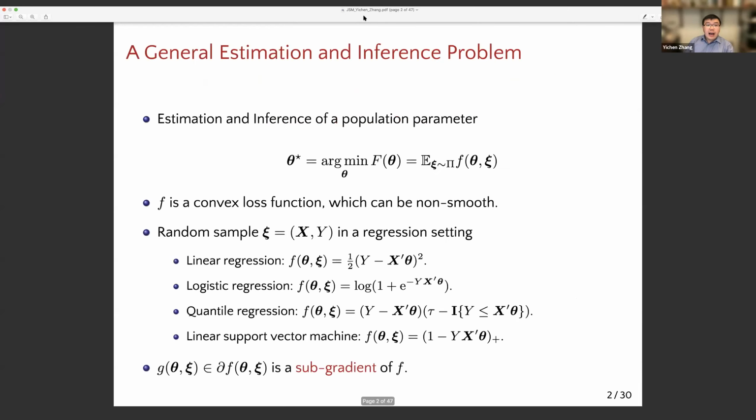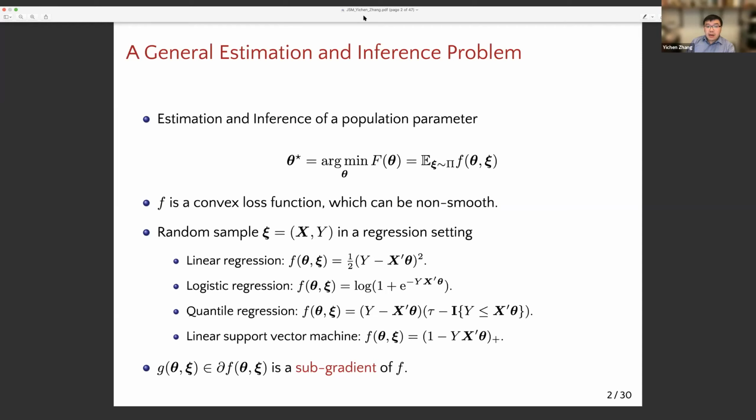Let's start from a general estimation and inference problem for a population parameter theta star. Here theta star is the minimizer of the population risk function, capital F of theta, which is an expectation of the convex loss function f(theta, psi), which can be non-smooth, where psi is a random sample following a distribution pi.